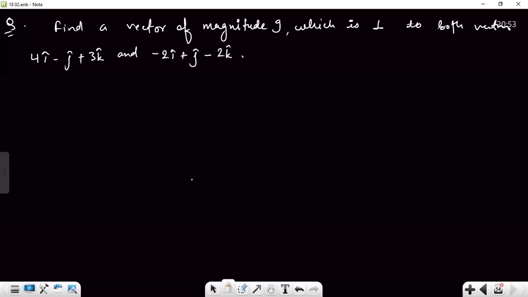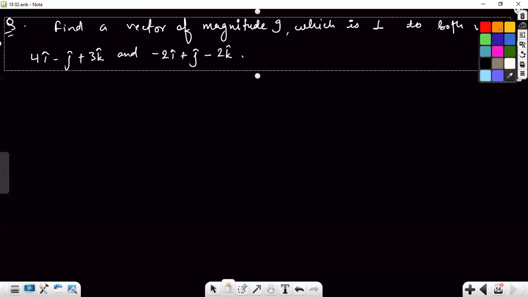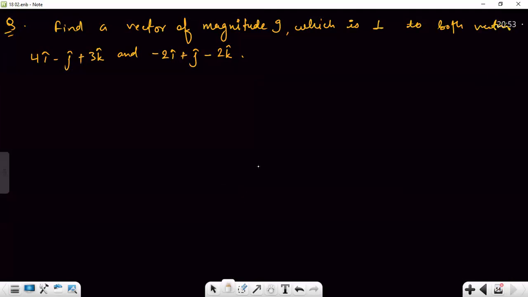This is the question. So what do we have? We have two vectors and we need to find a vector which is perpendicular to both of these vectors, and the vector should be of magnitude 9.